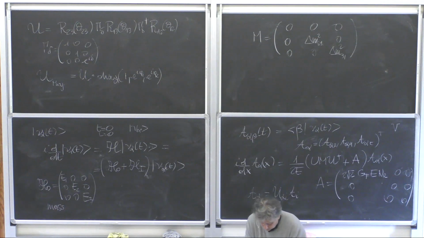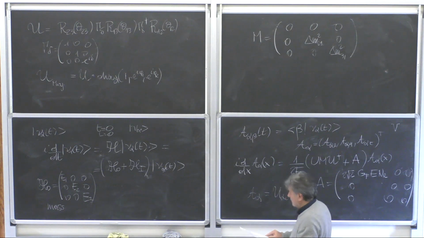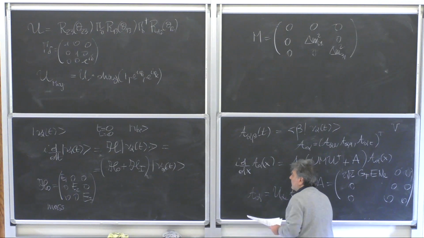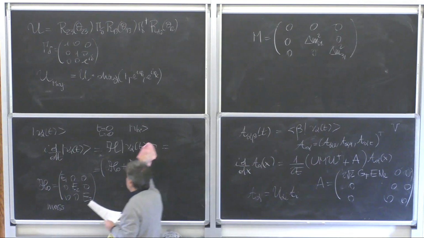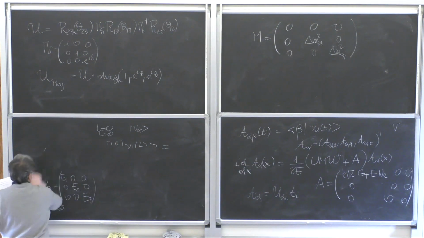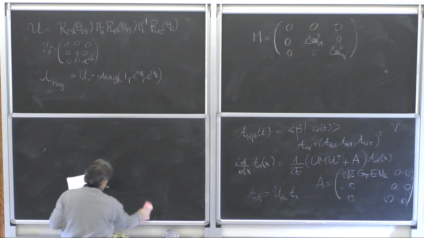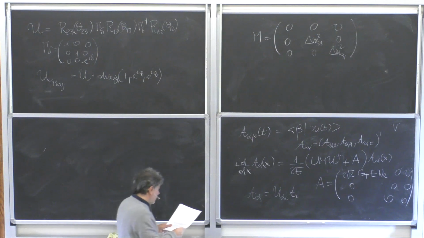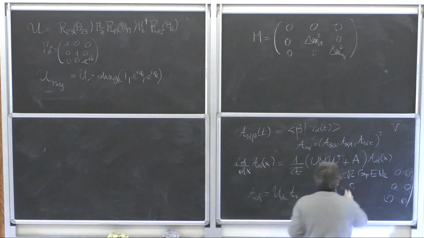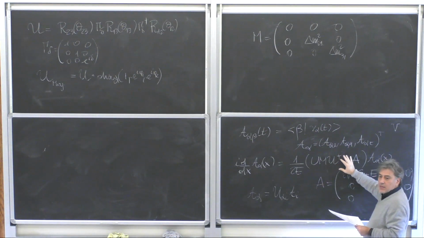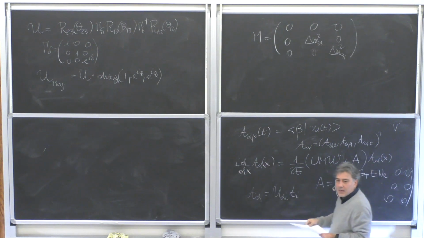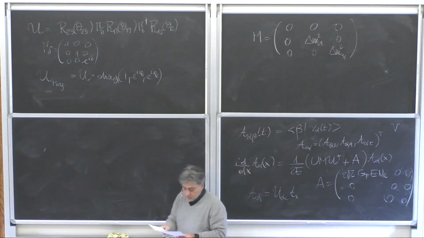Now let's see what happens if we solve this equation. This matrix is not diagonal, but we can diagonalize it.